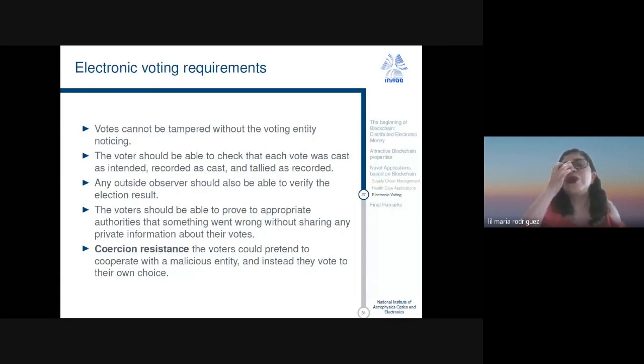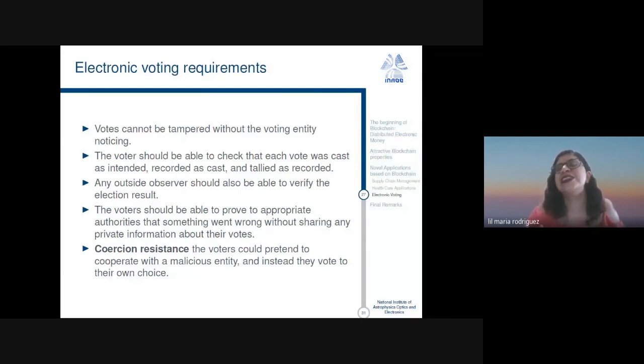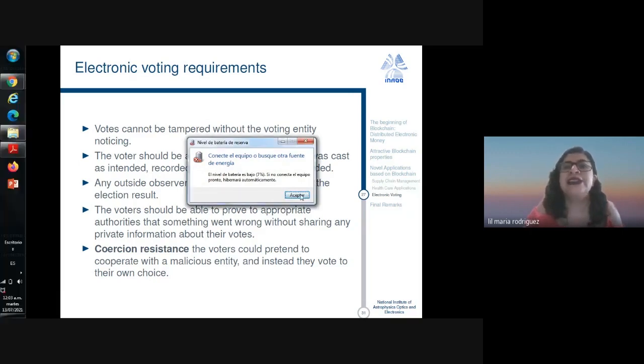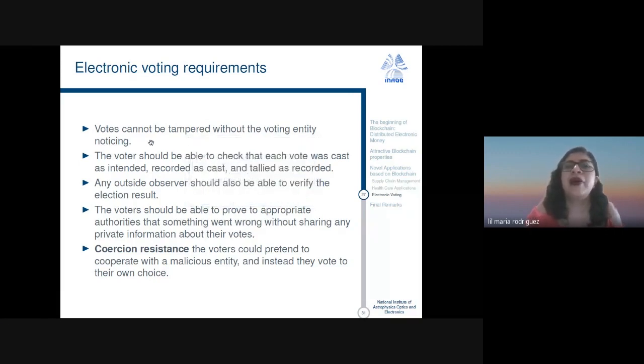I just want to tell you why some persons and some companies and some academic people are trying to rethink these applications by using blockchain. That's the idea.